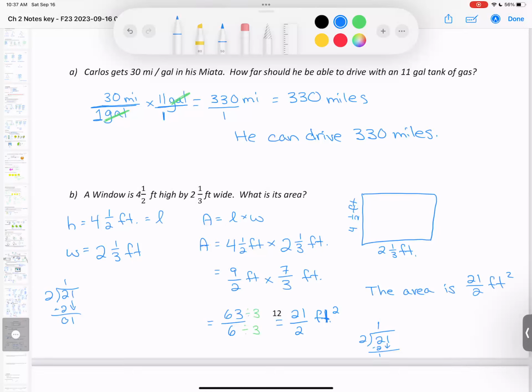Drop down that 1 and a 0. And then I've got a remainder of 1. So my answer then would be 10 and 1/2. So we can say the area is 21 over 2 feet squared, or we could say 10 and 1/2 feet squared.